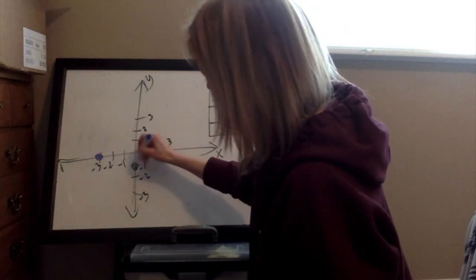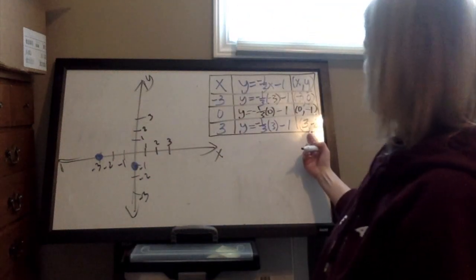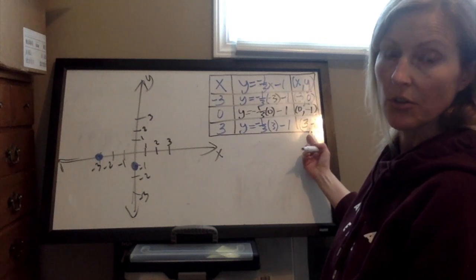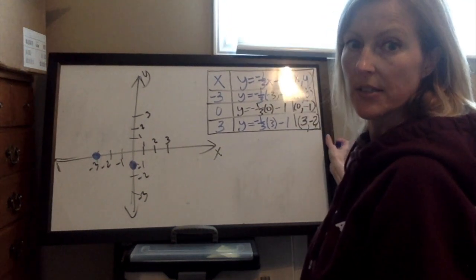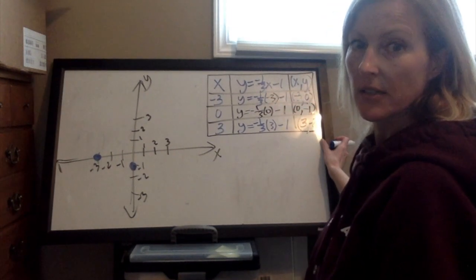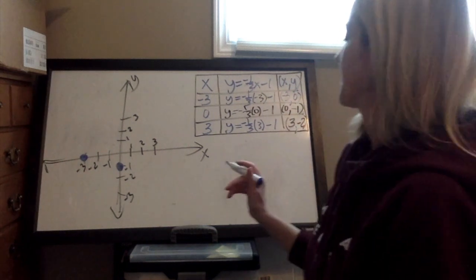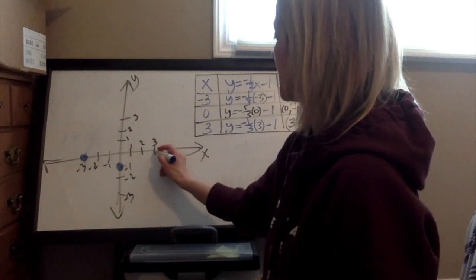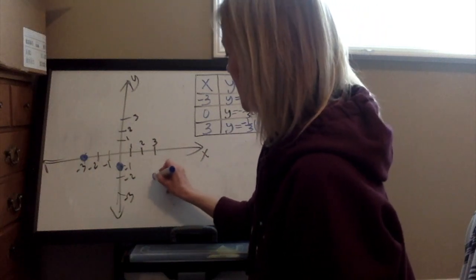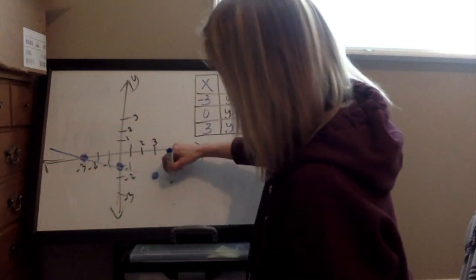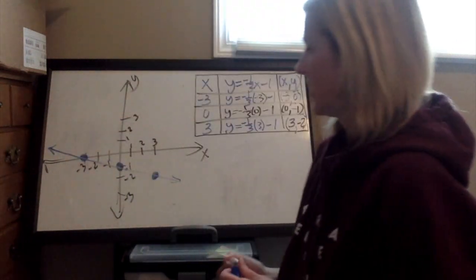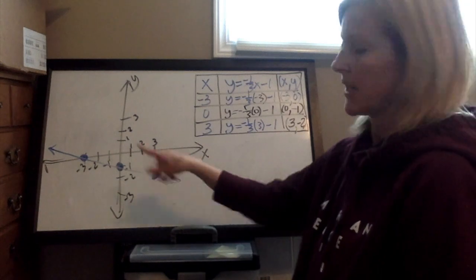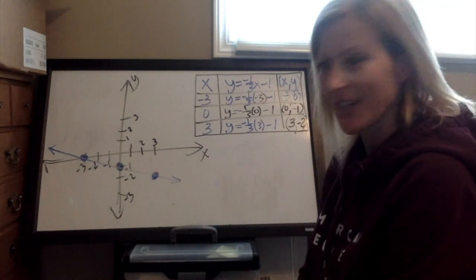So it'd be down there. And then last one is 3 comma negative 2. So you're going to go over 3, down negative 2. And when you connect them, it should create that nice straight line. You put arrows on the end, and it looks beautiful.